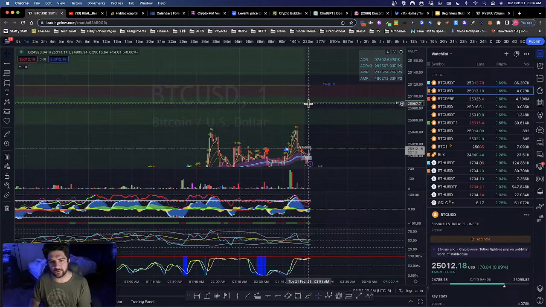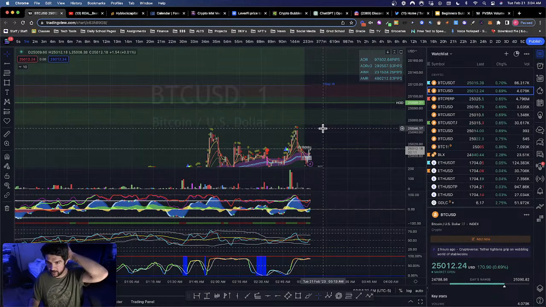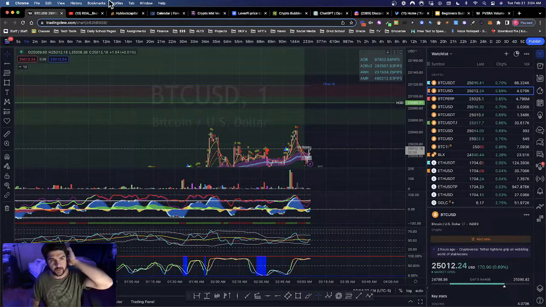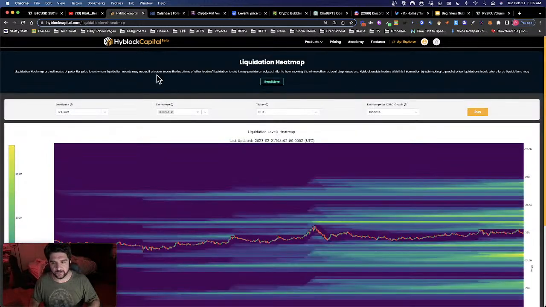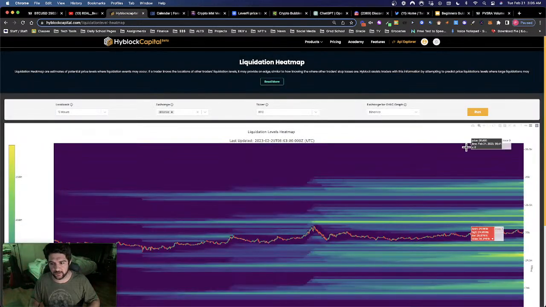We're also using the high block. Let's make sure before we place any trades that the liquidity is not too high above the high of the day on the 12-hour chart. And let's see what we got.